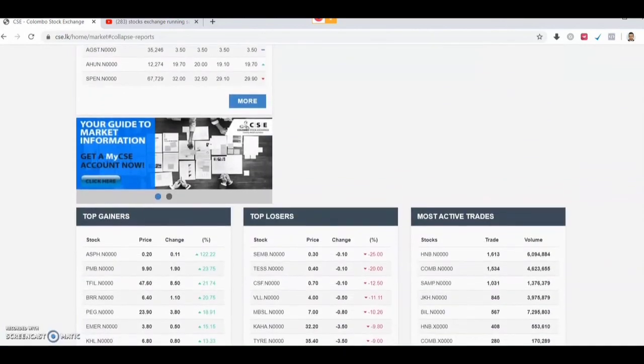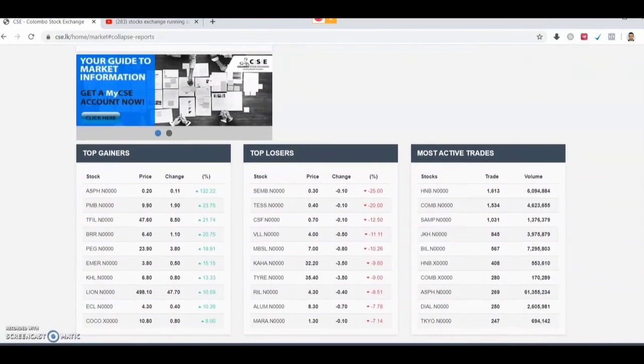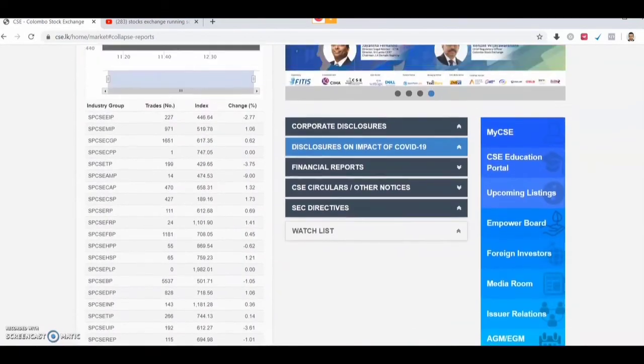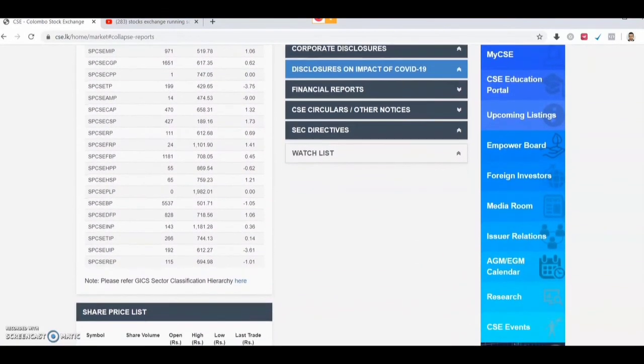So this is all about the CSE summary which was indicated on the website home page, and there are several items listed over here. It's an easy area, so you don't need to go through the categories.